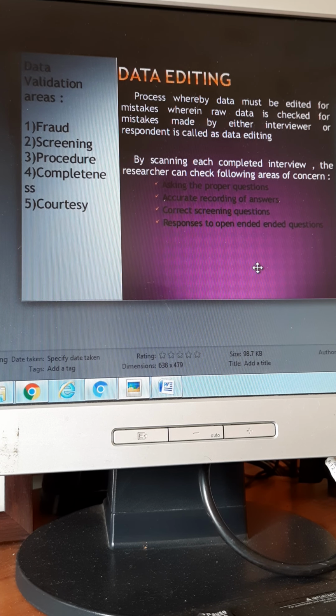So they will find out if the accurate records are there, if they have asked the right question, if they have contacted the right person, how they have filled the questions. All this they will do. How they will do it? They will pick up some questionnaires at random and they will call them up, and then they will cross check the information, the validity of the information.